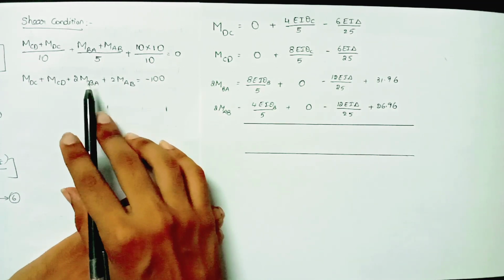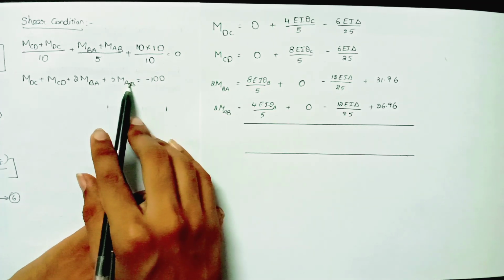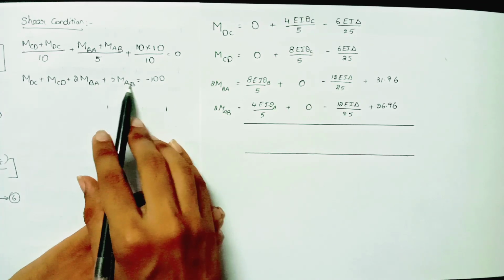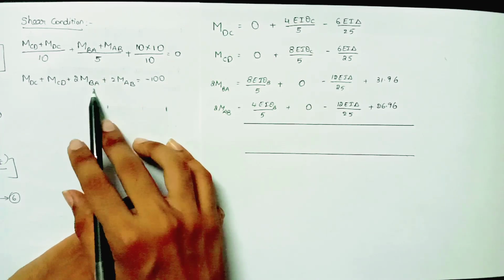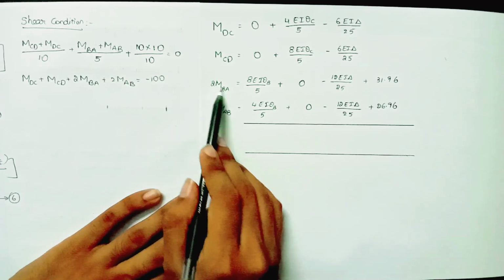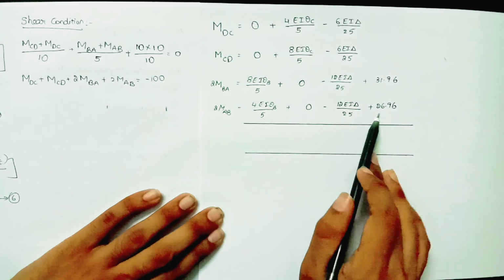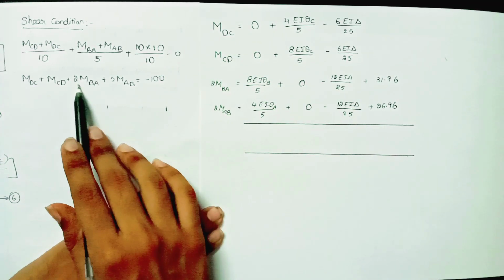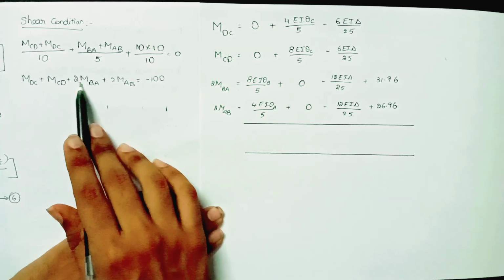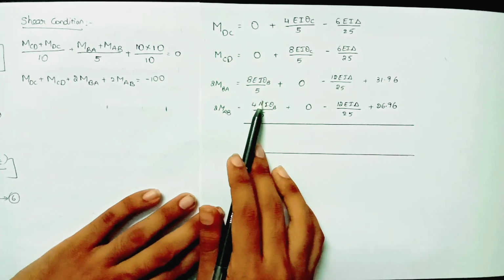So whatever equations you got in step 2 for MBA and MAB, multiply those equations by 2 on both sides and place them here. Don't place them directly, because there is a coefficient of 2, so it should be multiplied by 2 and then placed here.